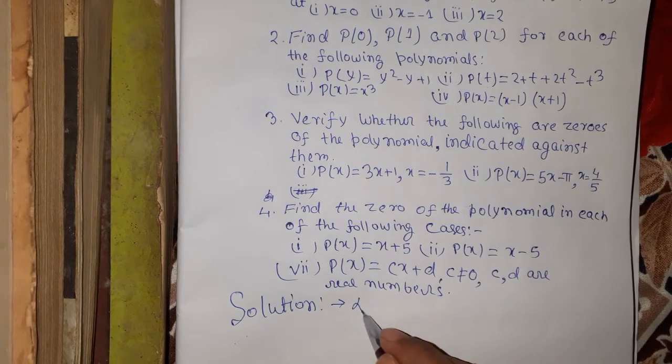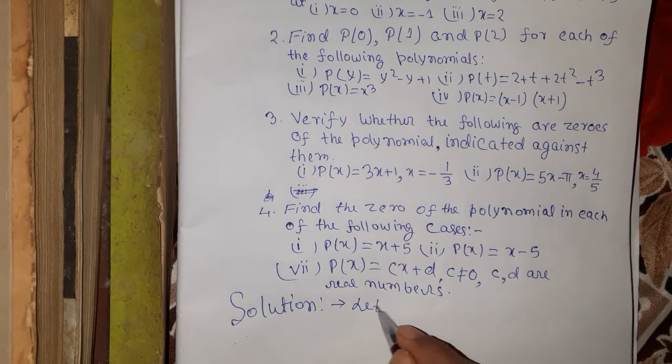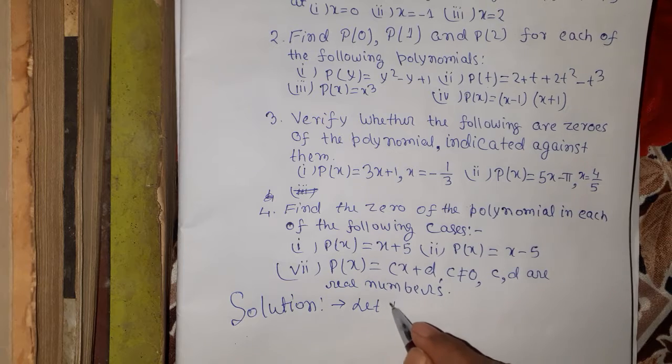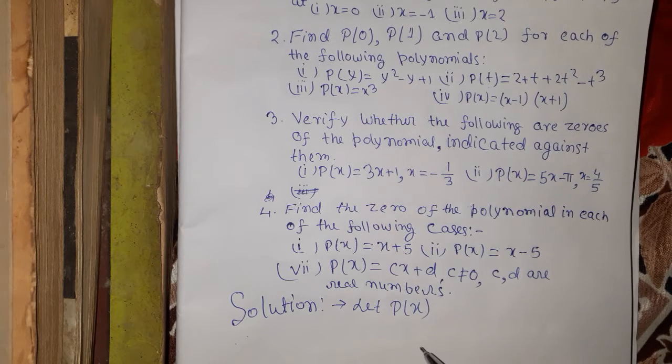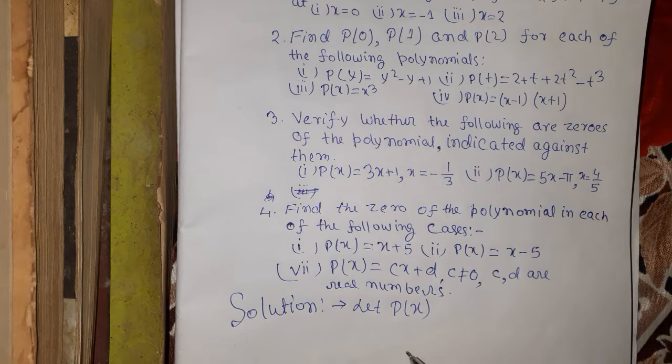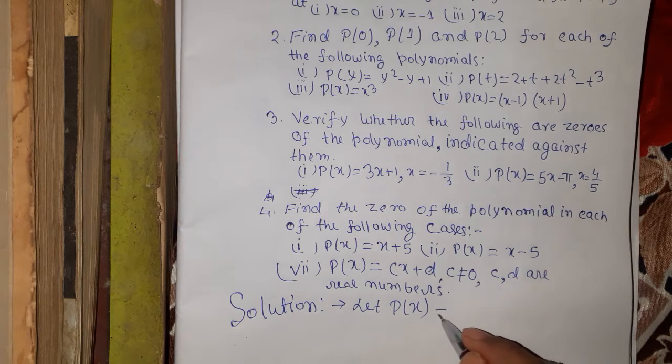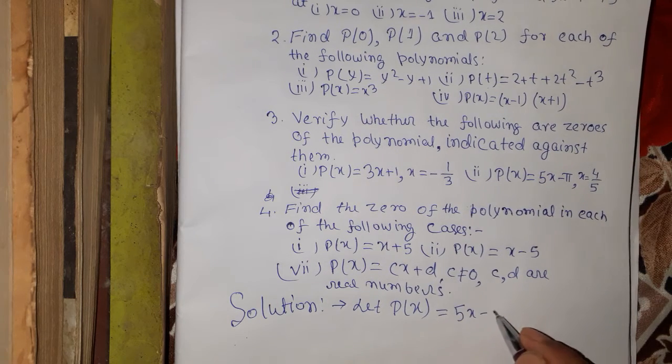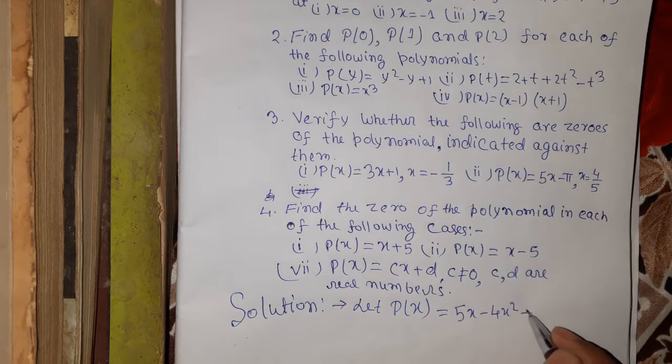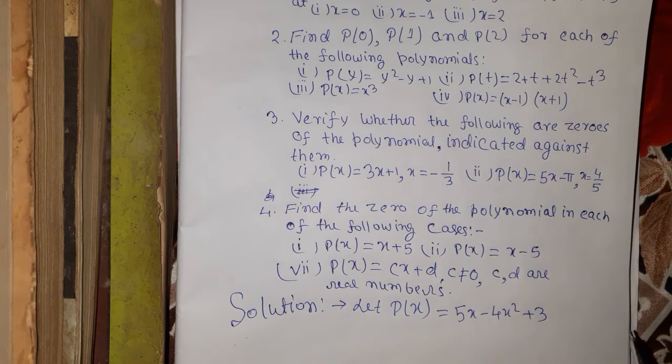Let p(x) equal to 5x minus 4x square plus 3, which is the given polynomial.